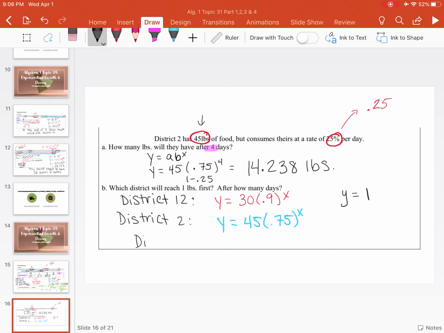So we can note that District 2 will reach less than 1 pound of food first, after approximately 14 days.